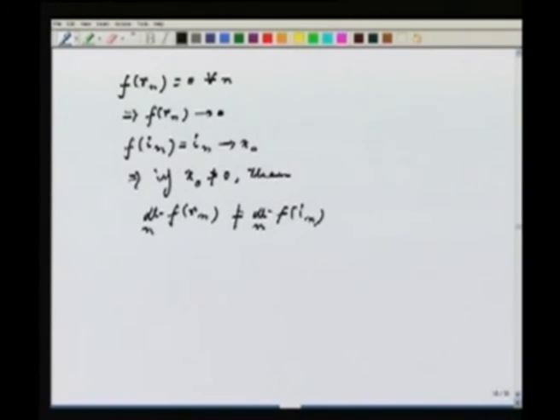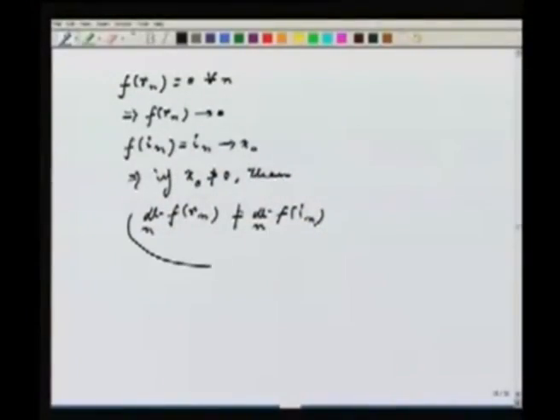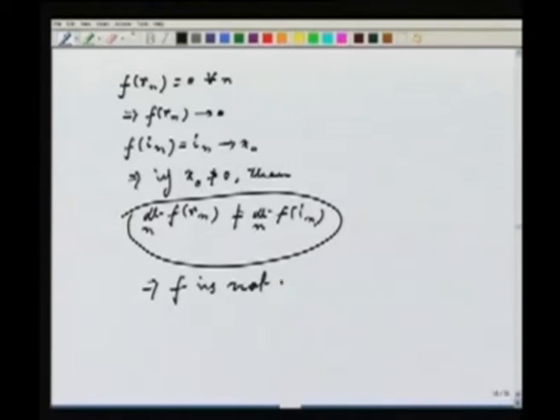If f is continuous at x naught and xn converges to x naught, f of xn converges to f of x naught. That means in particular whatever sequence xn you take which converges to x naught, all the f of xn's have the same limit, which is not the case here. I get a difference. This implies f is not continuous at x naught.